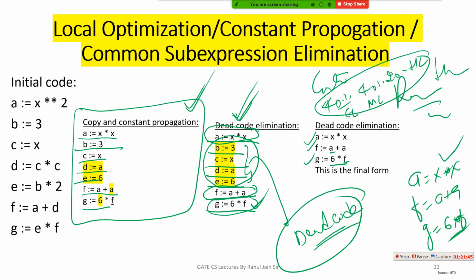Basically GATE has 65 questions, and they mix all the questions with this combination. In that highest level you can face this question because it is a newly added topic, and this is the answer. This is the final code after optimization, or I can say this is my optimized code.